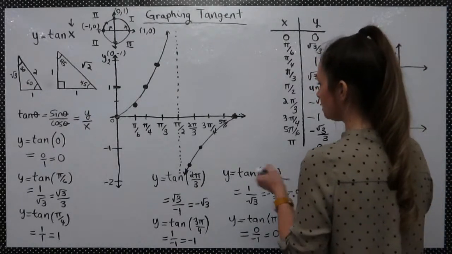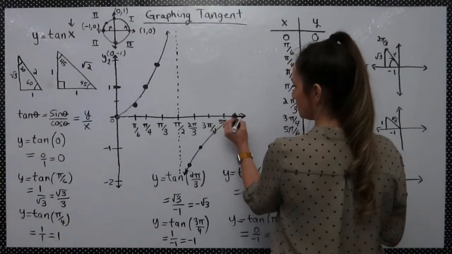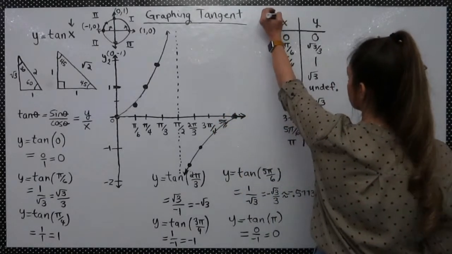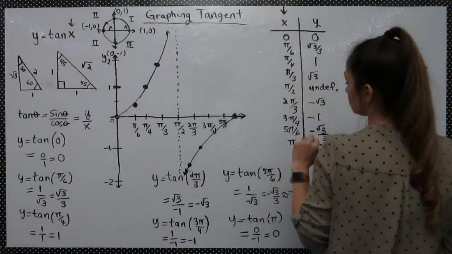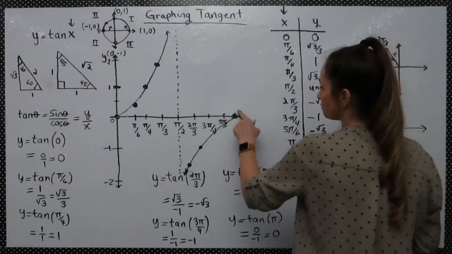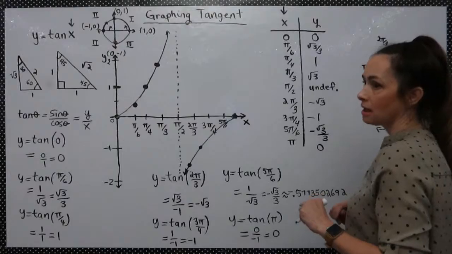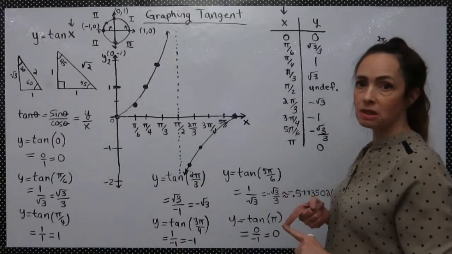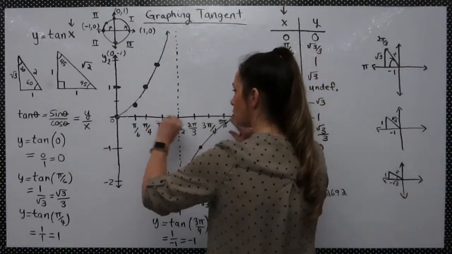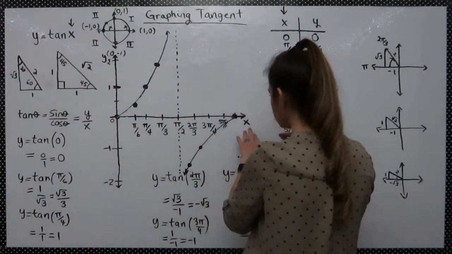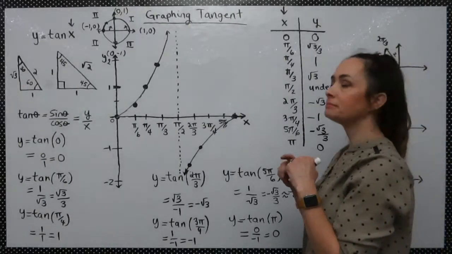So the domain of the tangent function is all of the independent values. It's every value along the x-axis specifically. X is always going to be independent, and it's along the horizontal values, the x-axis, and it's always going to represent the domain every time.